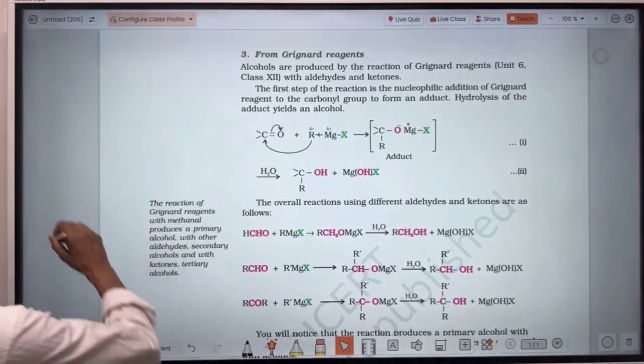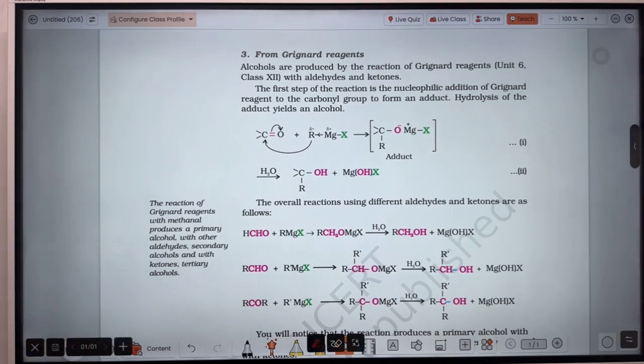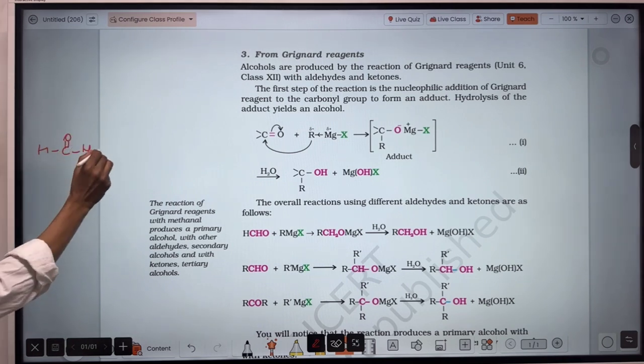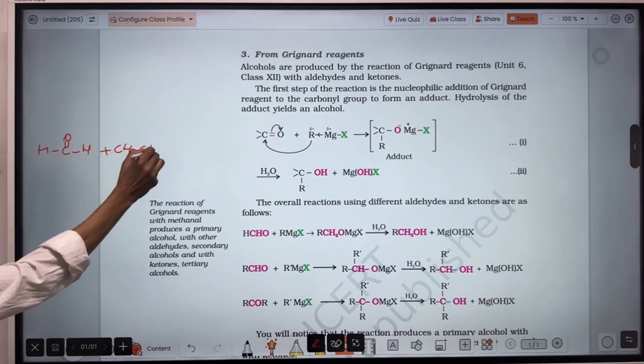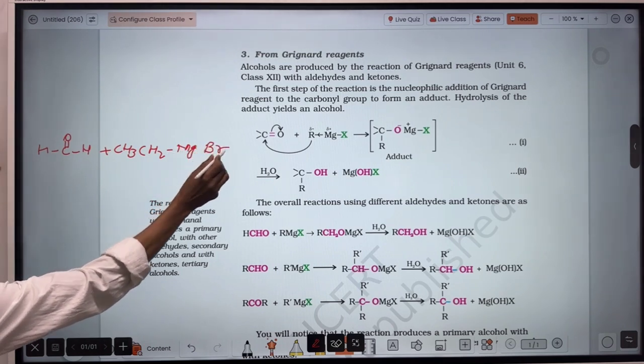As for example, let's see here. When you take an aldehyde, firstly I have taken here formaldehyde, or that is called methanal. To this aldehyde, as Grignard reagent I am taking ethyl magnesium bromide.